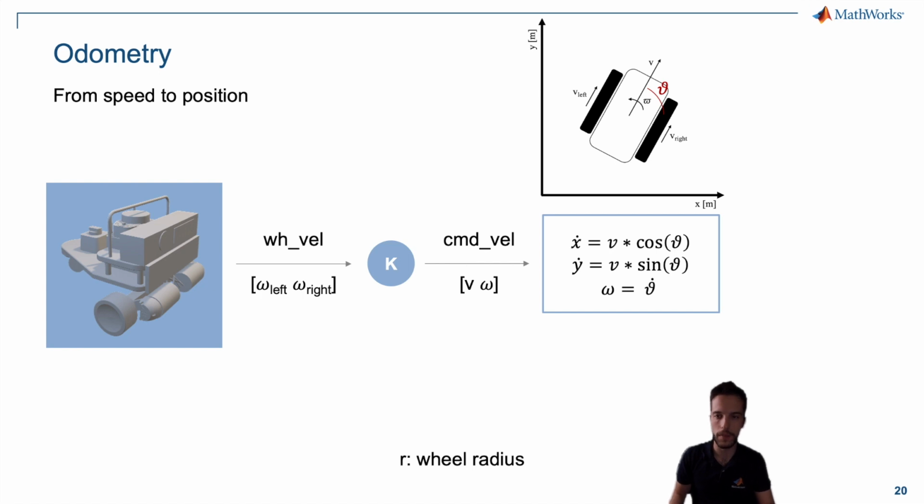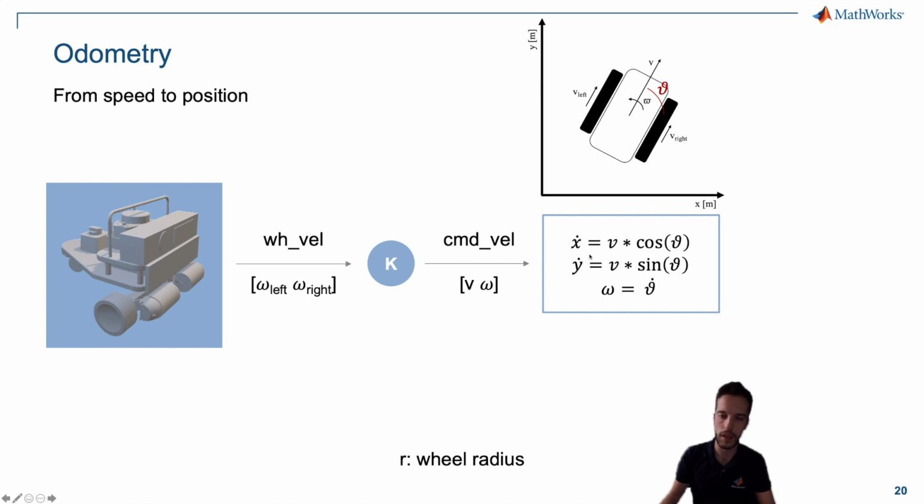The second step, a little bit more complicated, is to write the equation of motion of the mobile robot. In this case, in an XY plane, you can see that a differential drive robot can be represented like this. We have a linear speed v, an omega that is the angular speed, and an orientation theta.